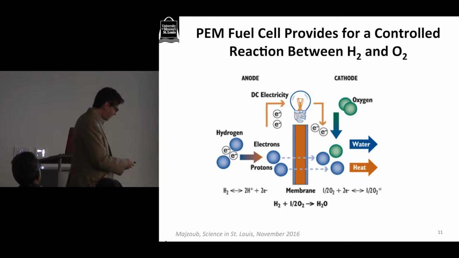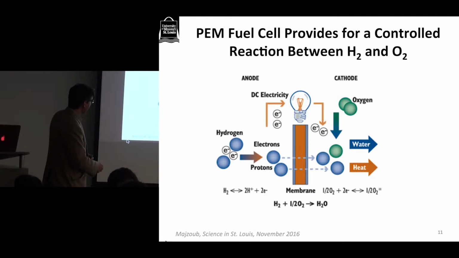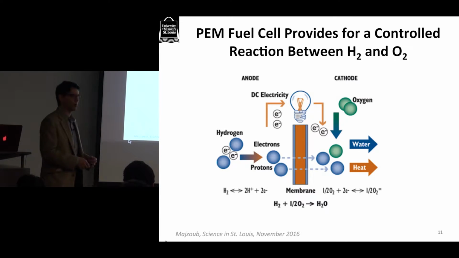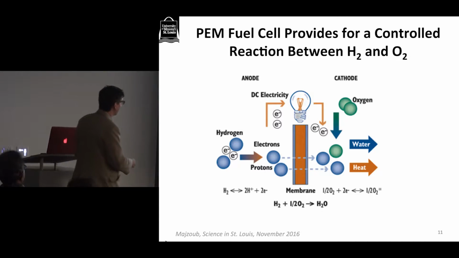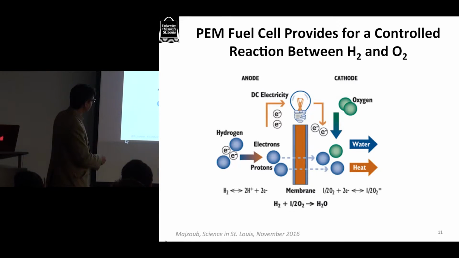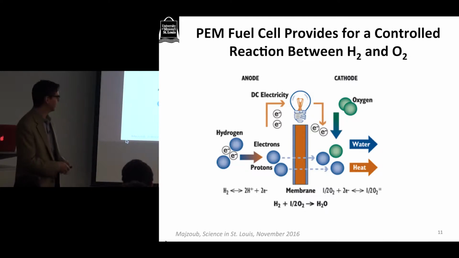So a hydrogen fuel cell is composed of a membrane layer, and the membrane layer will only pass protons. So a hydrogen molecule that comes to the surface of the membrane will dissociate into protons and electrons, and that's done by a chemical catalyst on the surface of the membrane.